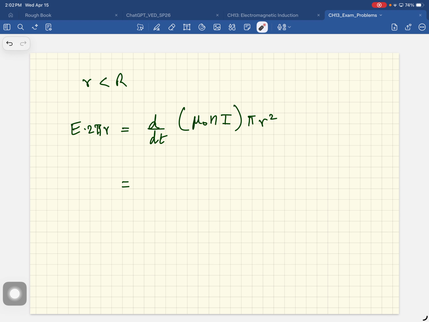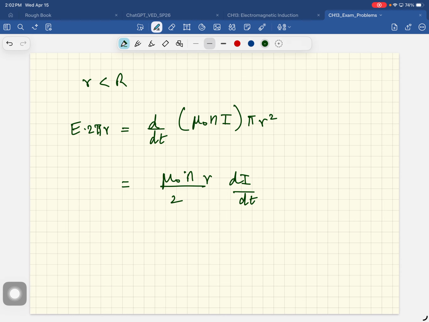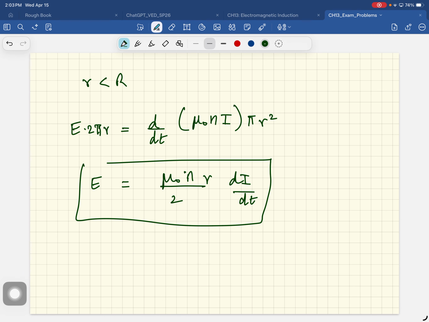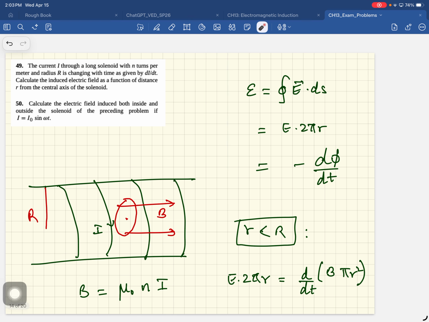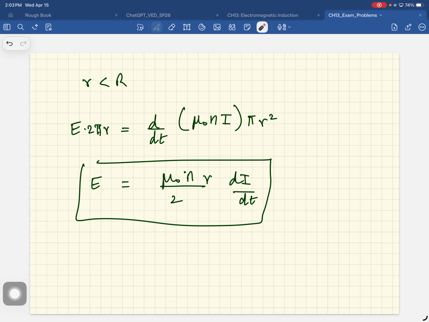So this is a long solenoid of radius 3 centimeters, and now you have a loop of wire of radius 5 centimeters. So you're outside the solenoid, and we'll be using this expression. Find the electric current induced in the loop.